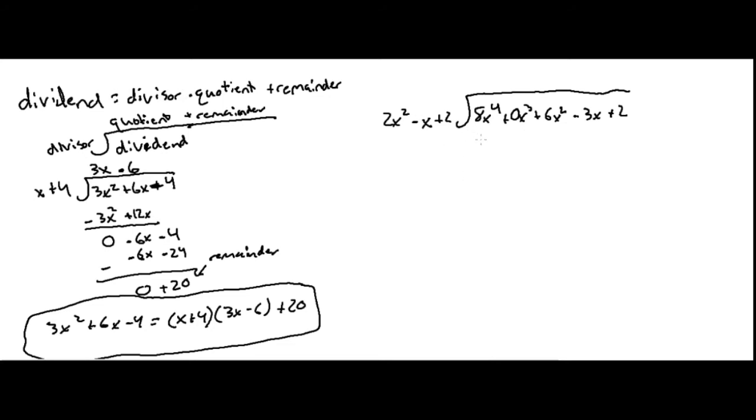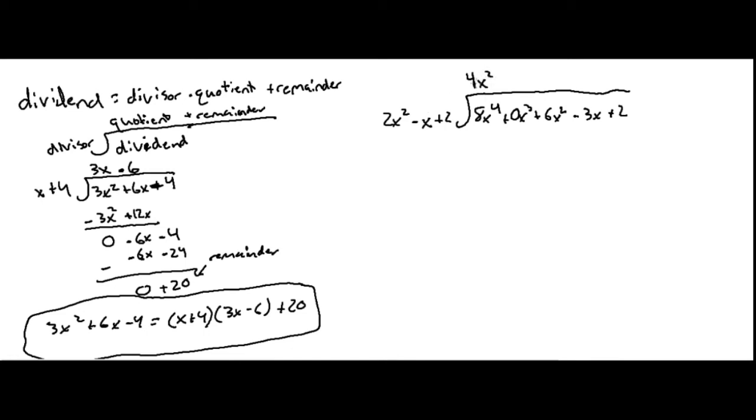So now let's start by figuring out what times 2x squared will get you 8x to the 4th. We know that 2 times 4 will get us 8, so put a 4 there, then x to the 4th divided by x squared, that's going to be 4 minus 2, so that's going to be x squared.